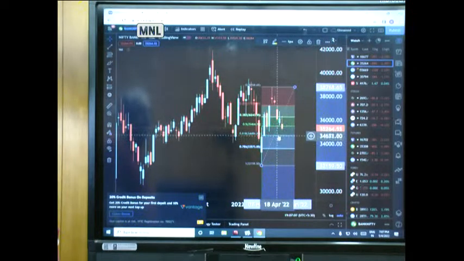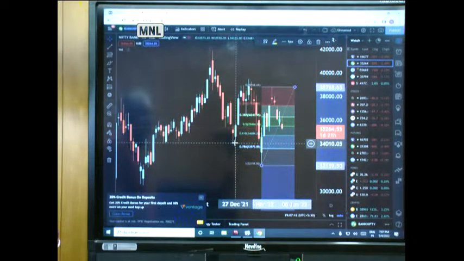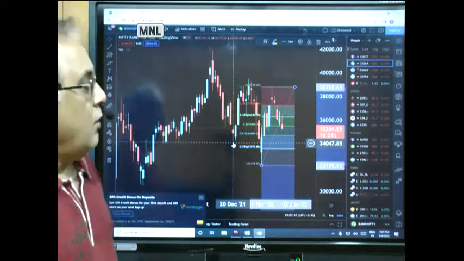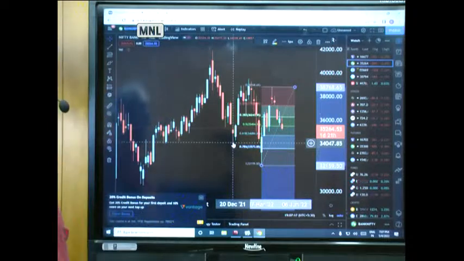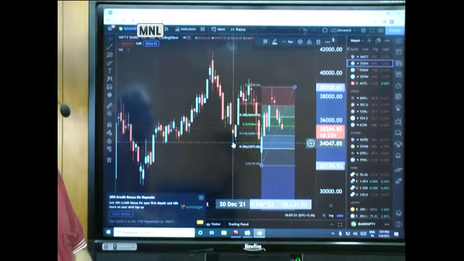Here we see 34,689, then probably we could see something like 33,594 or this particular low of 34,000. So there is a very good chance that we could be heading towards 34,000 as far as the Bank Nifty is concerned. This is a very important weekly support.